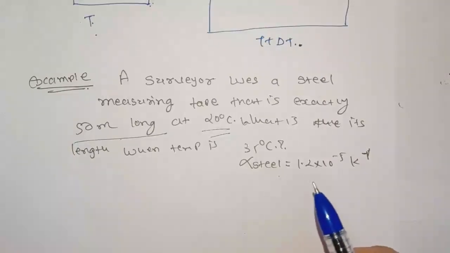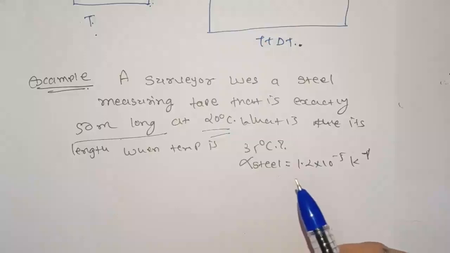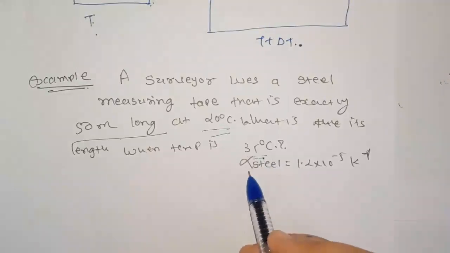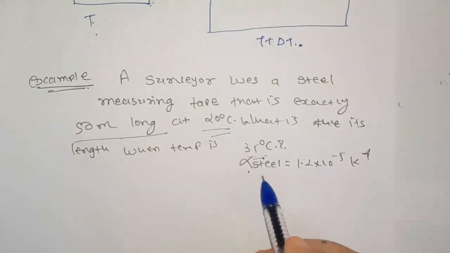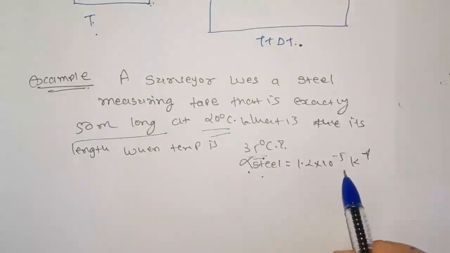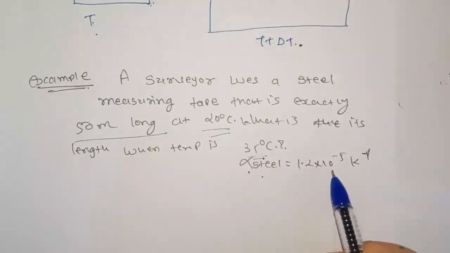What is the length of the tape on a hot summer day when the temperature is 35 degrees Celsius? Given the coefficient of linear expansion for steel is 1.2 into 10 power minus 5 Kelvin inverse.